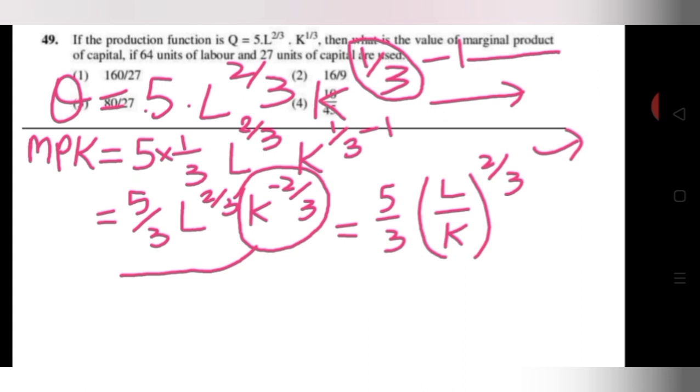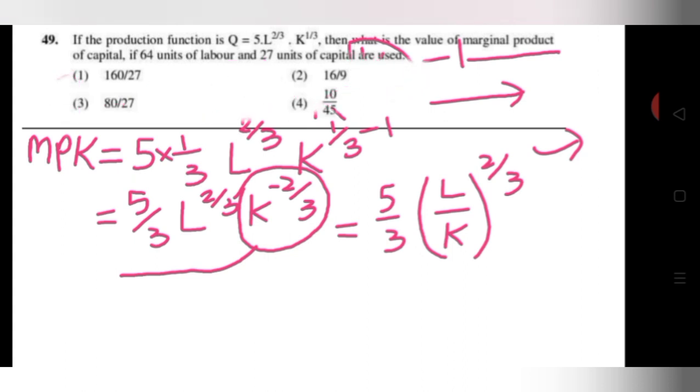Now we will put the value of capital. So I will just rub this equation. Now we have 64 units of labor and 27 units of capital. So we will plug in the values. So this will become 5 by 3.